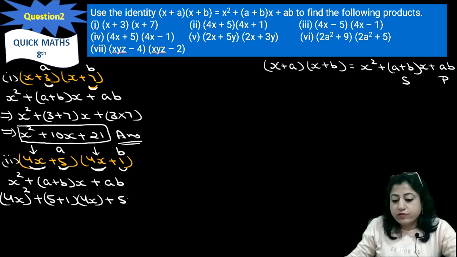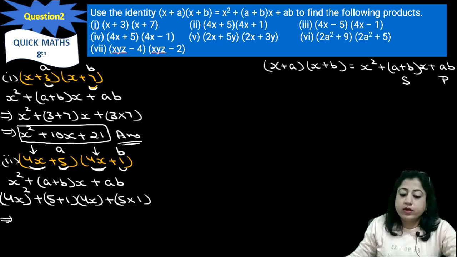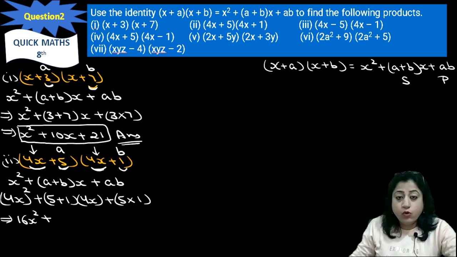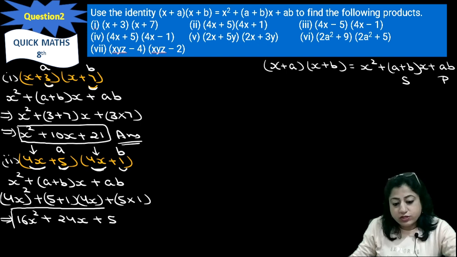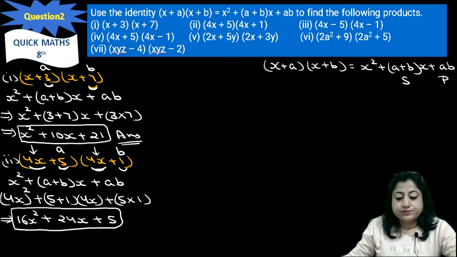Now (4x) square means 16x square, because it is the square of 4 also. Now 5 plus 1 is 6, 6 multiplied by 4 is 24. So 24x plus 5. So this is the required algebraic expression.